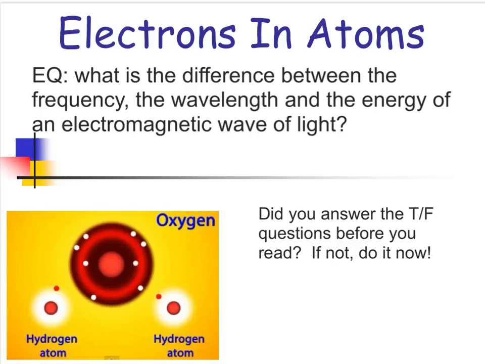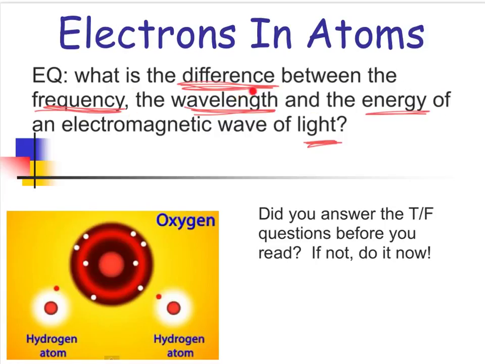So our essential question basically was saying, what is the difference, which went in the first blank, between the frequency, the wavelength, and the energy of an electromagnetic wave of light? The order of these three words are not crucial to your existence.